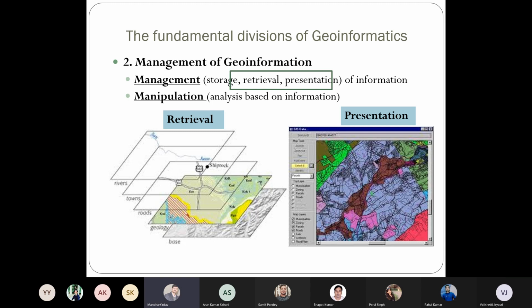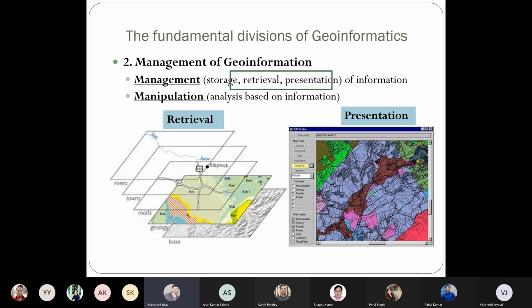If all of you can see the screen, I'm talking about the fundamental divisions of geoinformatics. The second category is management of geoinformation.